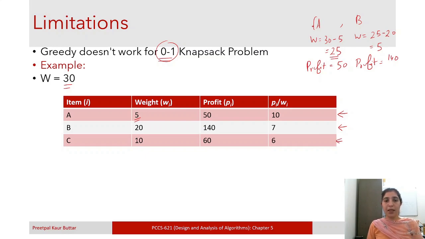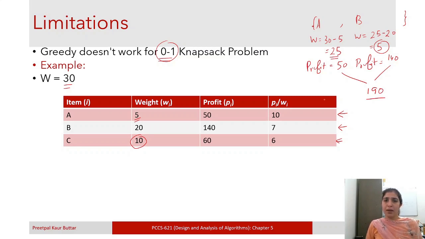No, we cannot pick item C because the weight of item C is 10 and the capacity remaining inside the knapsack is 5. We cannot use fractional knapsack; as I said, this has to be solved with the greedy approach for 0-1 knapsack, so we have to pick an item or leave it. So the total profit which we can earn using the greedy approach for the 0-1 knapsack problem is 190.